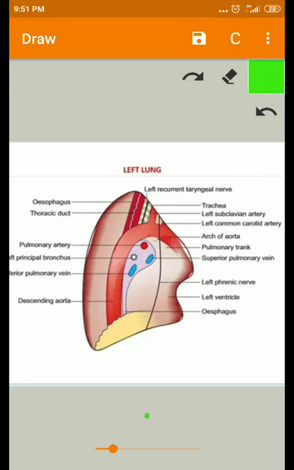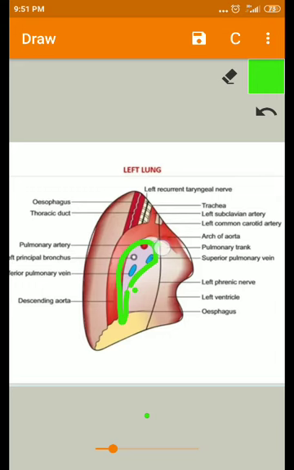You already know that this is the hilum, the root of the lung, which is present almost at the center. Anteriorly, this part is related to the left ventricle. Above this left ventricle you'll have the pulmonary trunk.